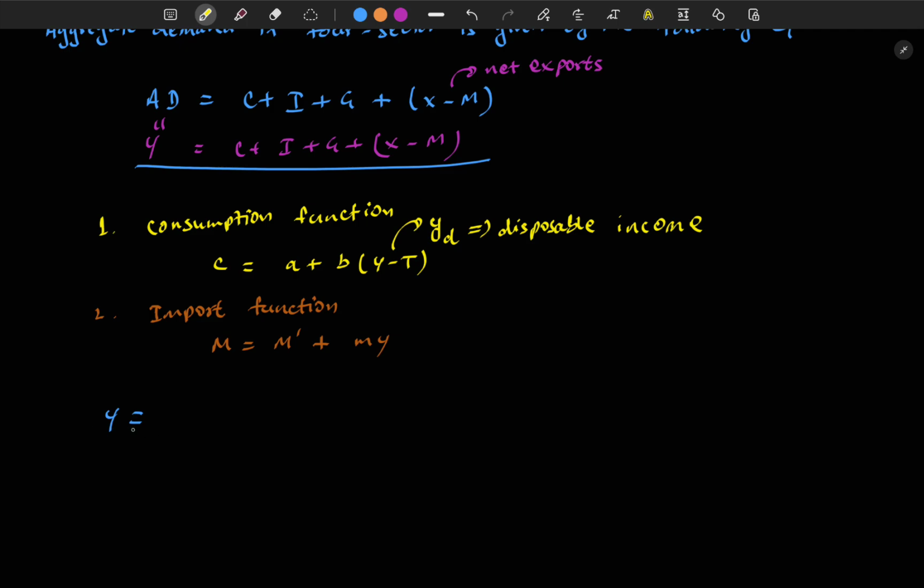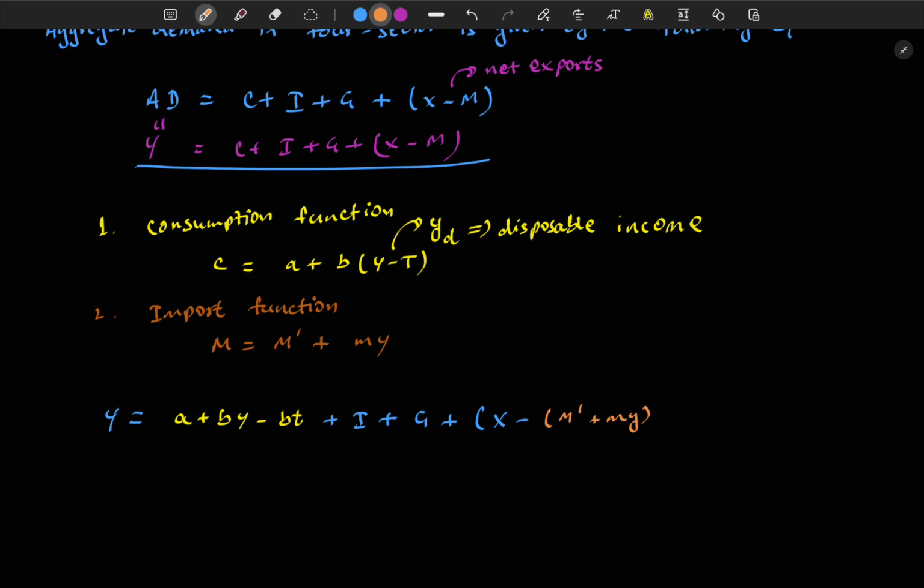In place of C, we write A plus B times (Y minus T), and I distribute B into the brackets, so this is A plus BY minus BT, plus I plus G plus X minus, and in place of M I write the import function, M dash plus mY.